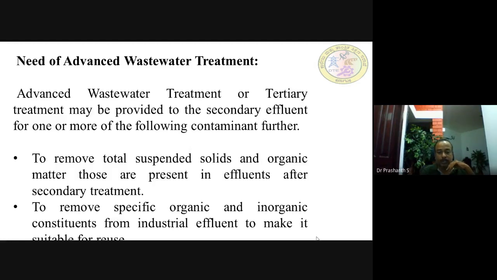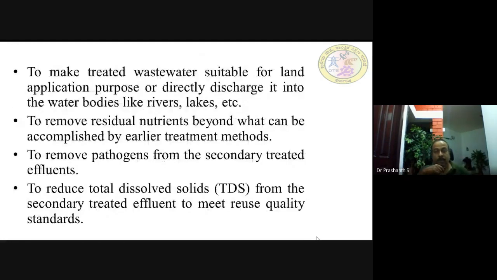And to remove specific organic and inorganic constituents from industrial wastewater, from industrial effluent, to make it suitable for reuse, to make treated wastewater suitable for land application purpose or directly discharge into water bodies like rivers, lakes, etc. See, if you dispose the secondary wastewater directly to a river or a lake, it has phosphates, it has nitrates.